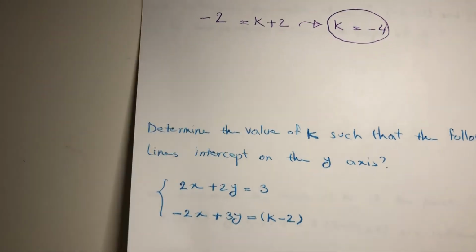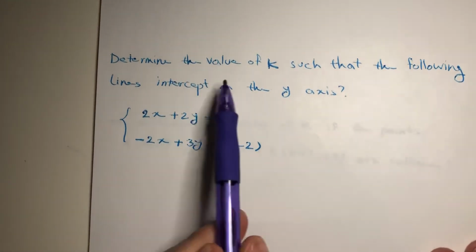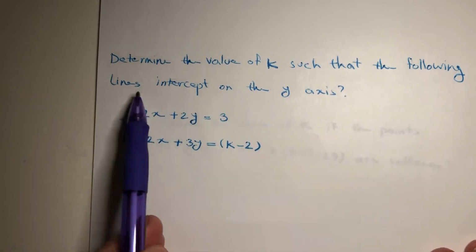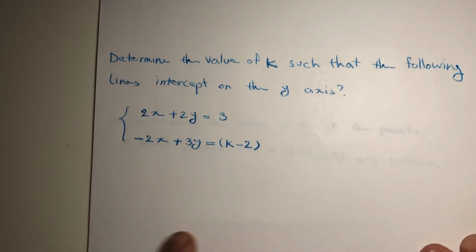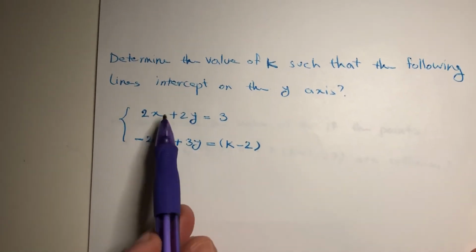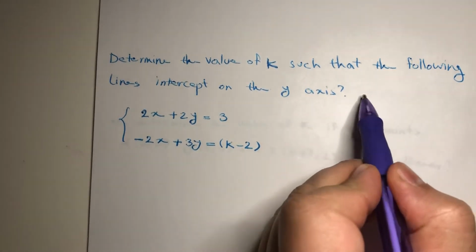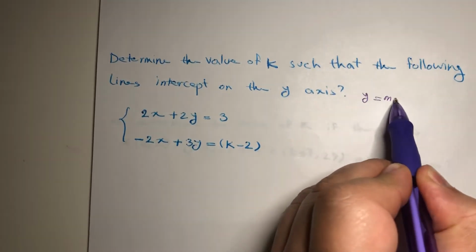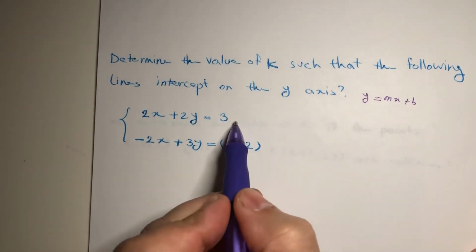Let's see another example. Determine the value of k such that the following lines intersect on the y-axis. Again, the first thing we do is transform these equations into the standard line equation. Standard line equation is y equals mx plus b, right? So we have to find y in terms of x.